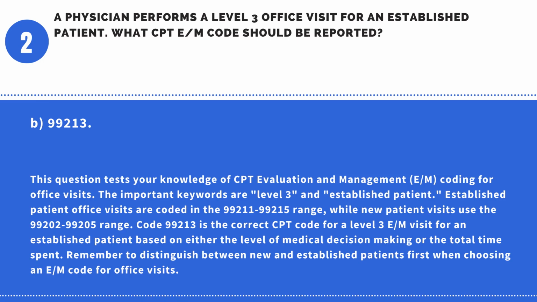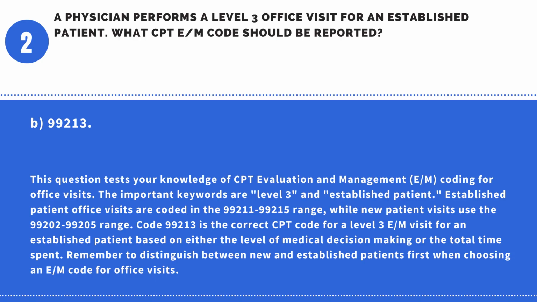Answer B. 99213. This question tests your knowledge of CPT evaluation and management, E/M, coding for office visits. The important keywords are Level 3 and Established Patient. Established patient office visits are coded in the 99211 to 99215 range, while new patient visits use the 99202 to 99205 range.